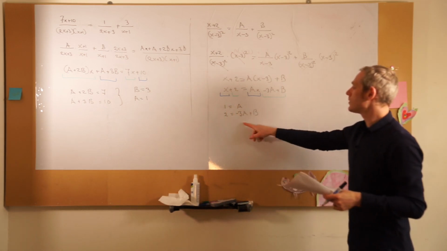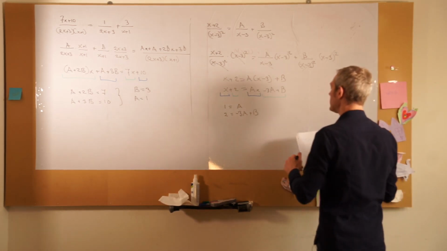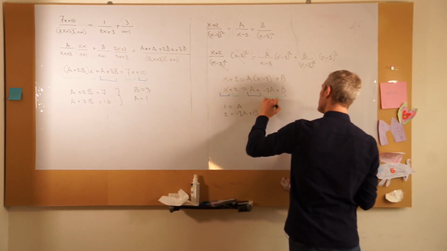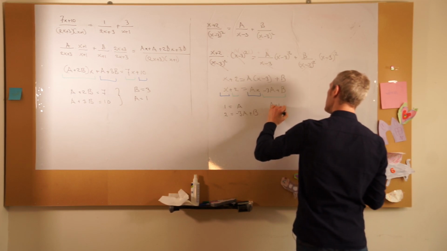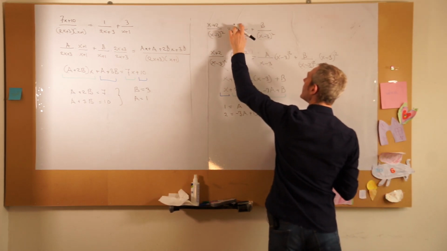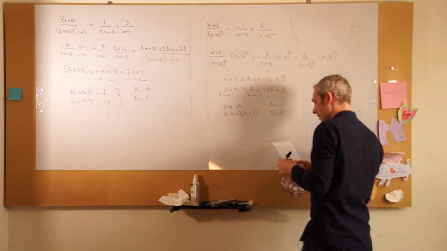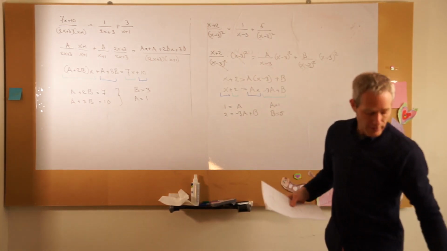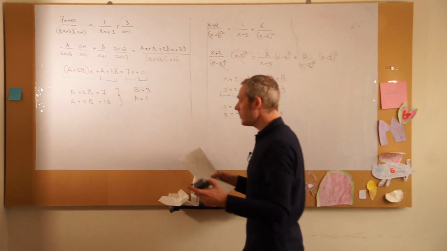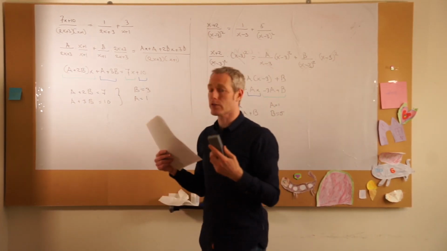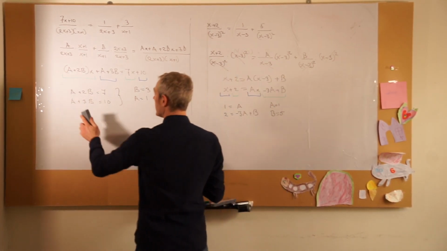And if a is 1 here, then b is 5. And we can put those in here. 1 and 5.